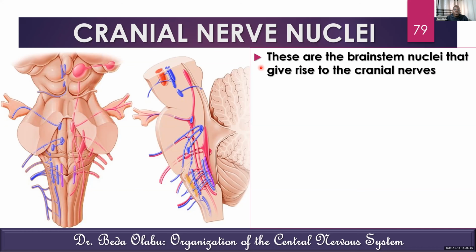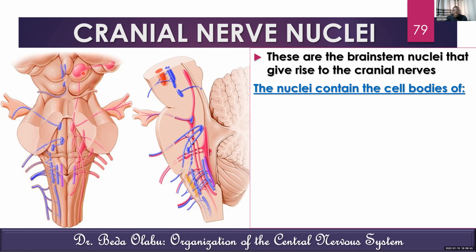So maybe before we talk about the functional classification, we first need to understand what these cranial nerve nuclei are. Cranial nerve nuclei are nuclei within the brainstem that give rise to the cranial nerves, or that are points of attachment of the cranial nerves.